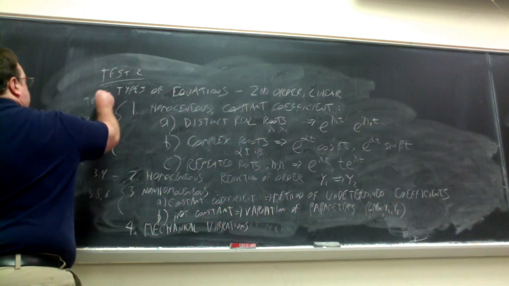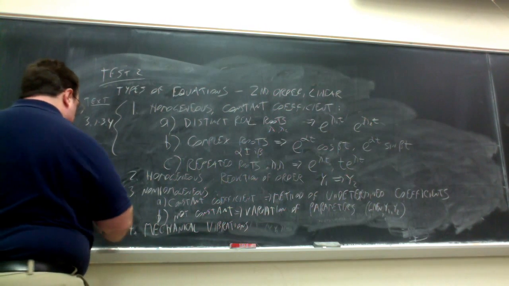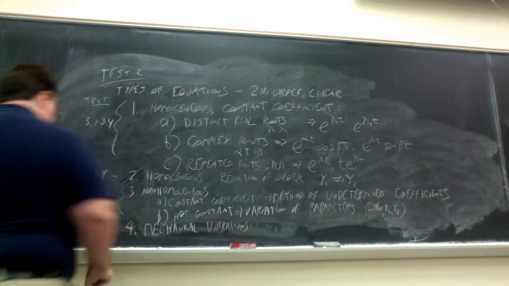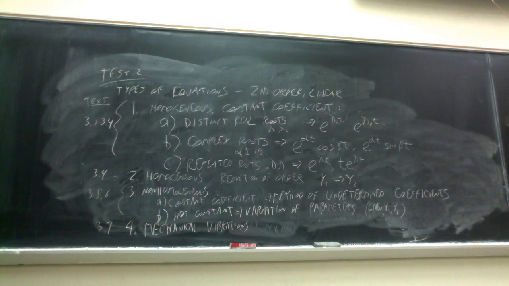Sections may be slightly different in the notes, but the sections would have the same names. And then 3.7 is mechanical vibration. So Dr. Zhu is going to start covering that on Monday when I'm not here. And then depending on how far he gets, I may continue with that on Wednesday. And that'll be it for the chapter.